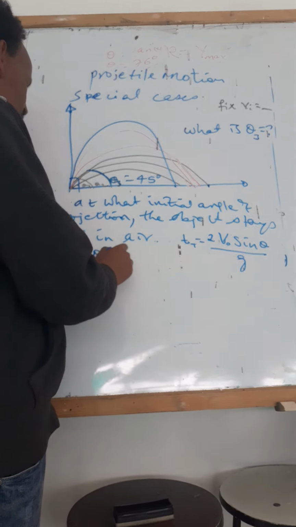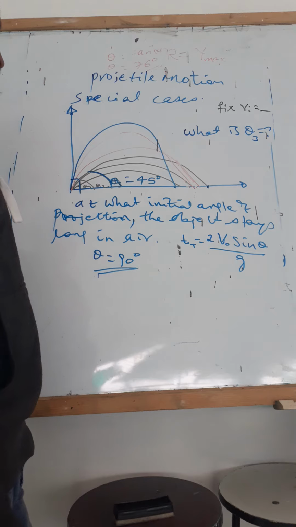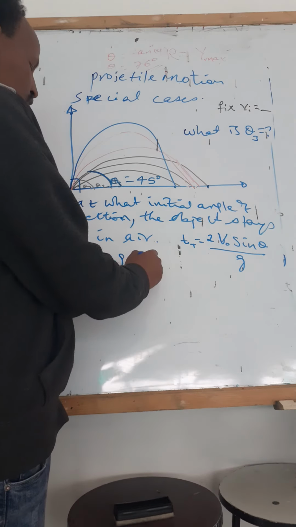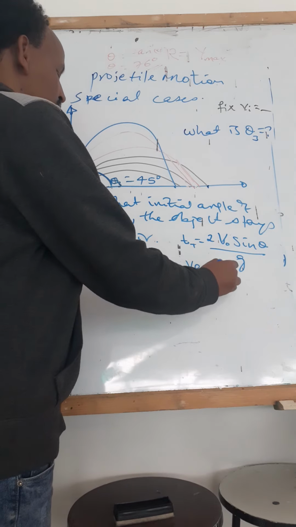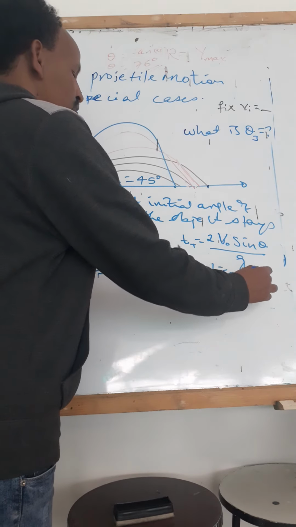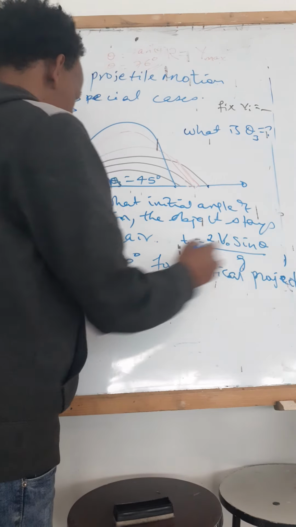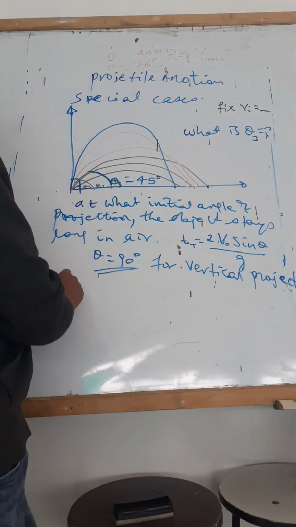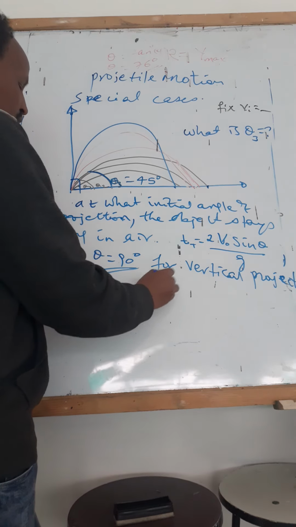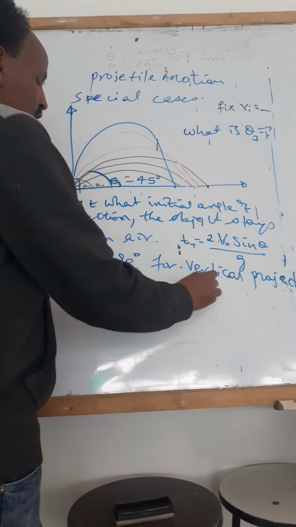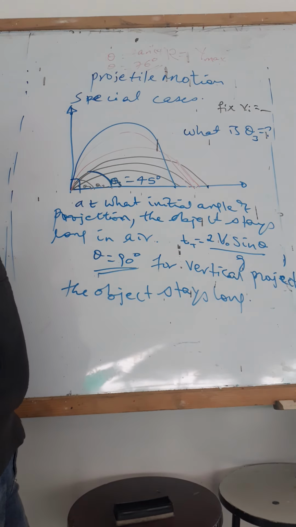For theta equal to 90 degrees, for vertical projection, the object stays long for the same velocity.